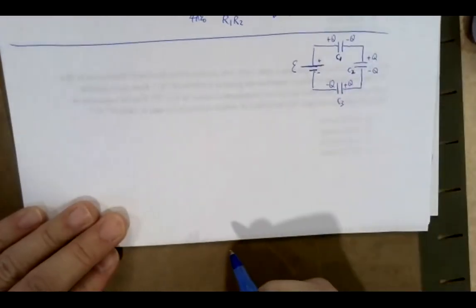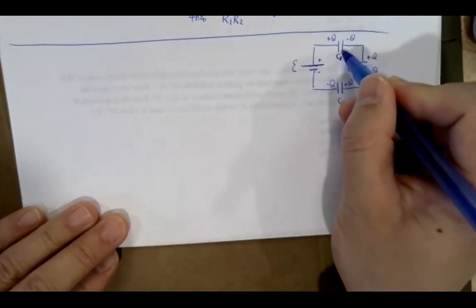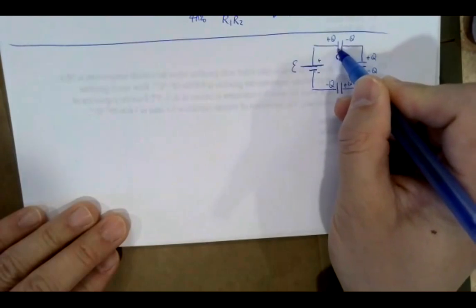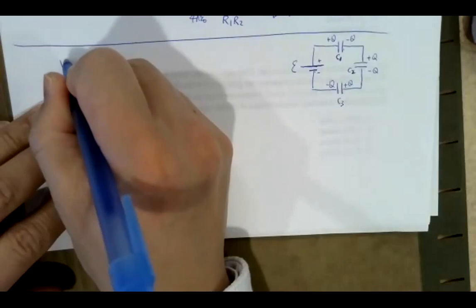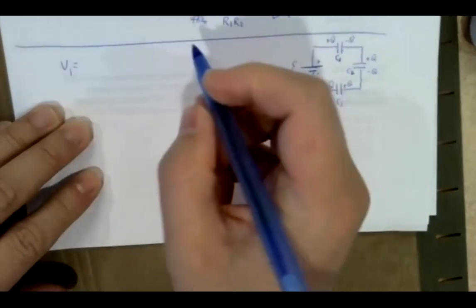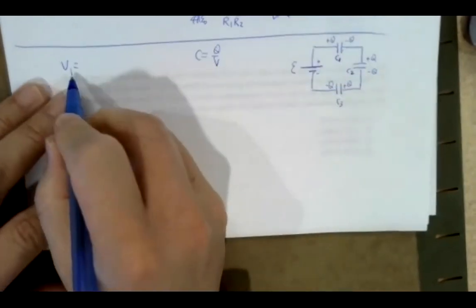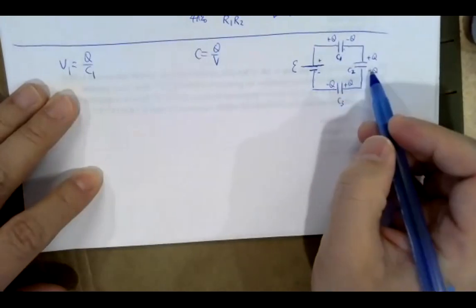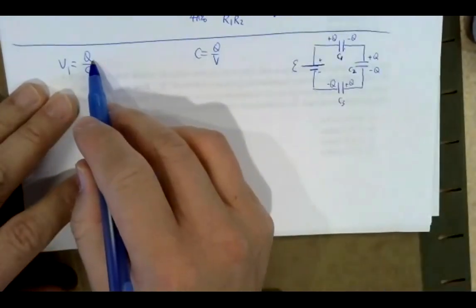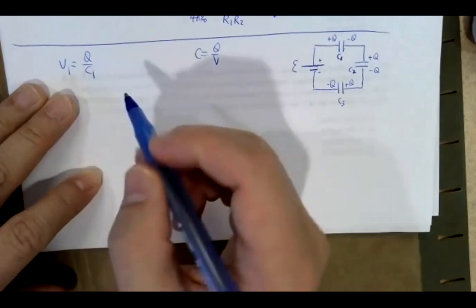In that case, the potential difference across the first capacitor, V1, according to the equation C equals Q over V, should be equal to Q over C1. They share the same Q, so I don't need to specify Q1, Q2, Q3, because they are the same, and they are written as Q.